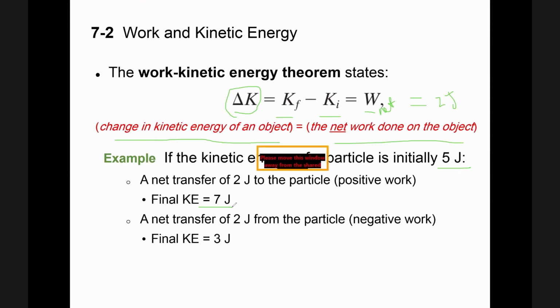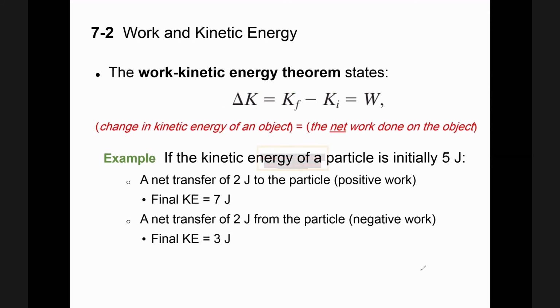So 7 minus 5 equals 2. Again, another example, if the particle is initially 5 joules, and a net transfer from the particle means negative 2 joules, well, this one is 5, this one has to be 3. So the kinetic energy final should be 3.